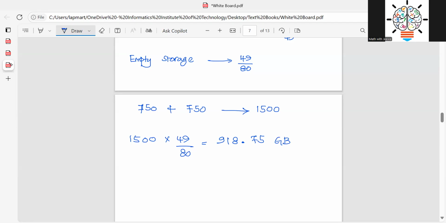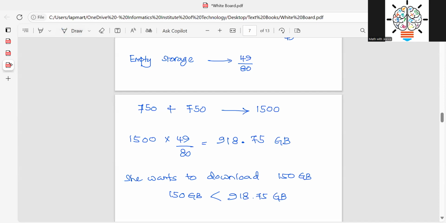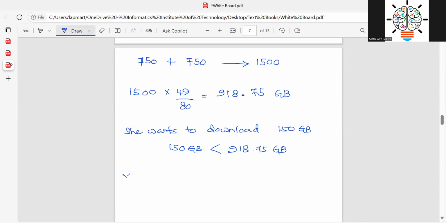Then what she wants to download is 150 gigabytes. The 150 gigabytes is smaller than 918.75 gigabytes. So therefore, yes, she can download it.